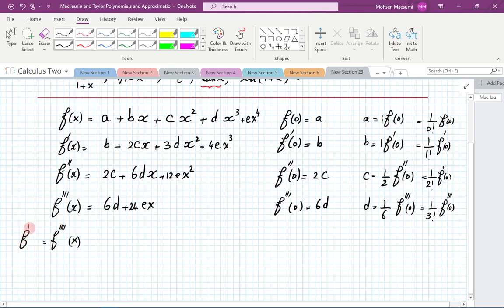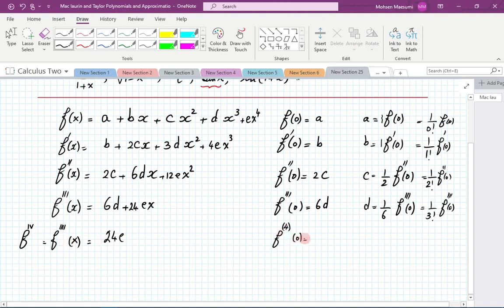Another way is to use Roman numerals, which gives me now my 24e. Neither of these notations is so great. We are going to adopt another notation: you put how many derivatives you want to take in parentheses, so you don't think of it as a power. A number in parentheses means take that many derivatives in this context.